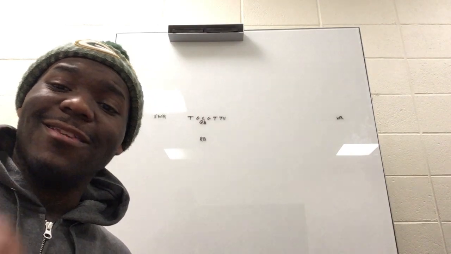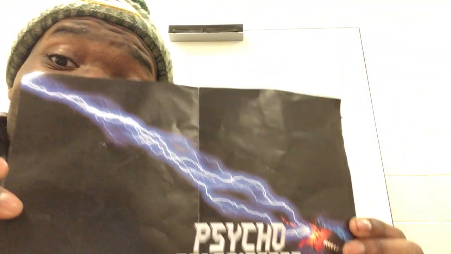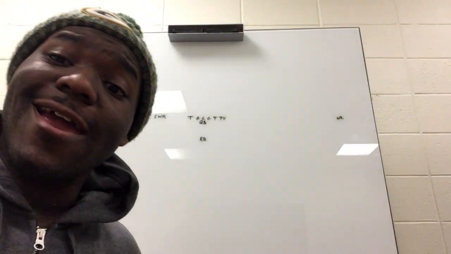That's right, this is a Psycho Schematics production, and in this particular lesson, you're going to learn about one of the legendary offensive schematics in the game of football, a scheme that revolutionized the game during the 80s and early 90s. West Coast offense.